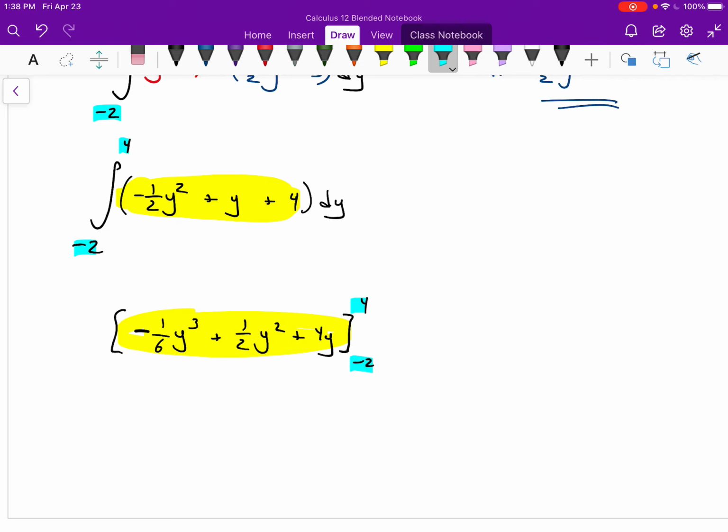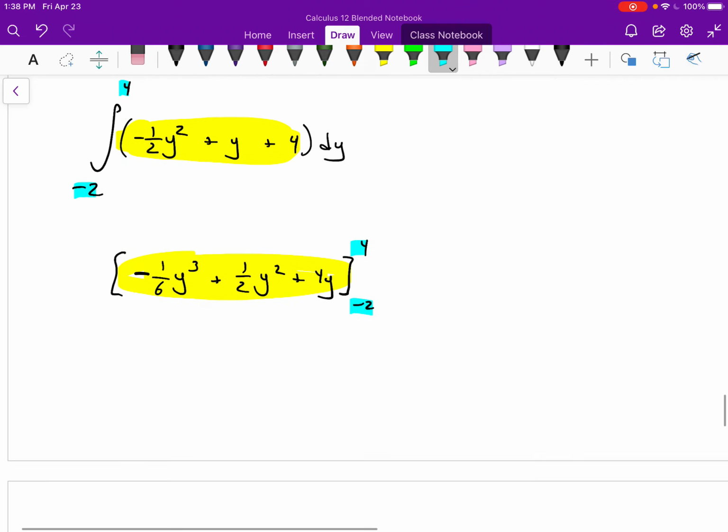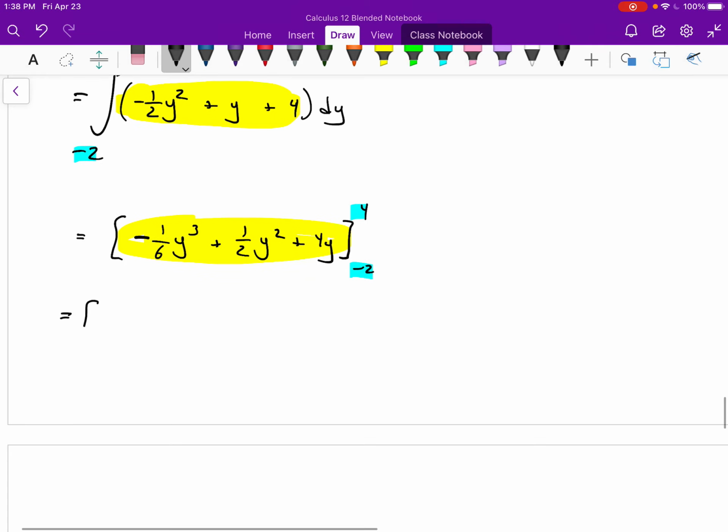And now at this point, the hardest part is definitely done. This is just a matter of substitution now. Substituting in these values. I'll write this step out, but it's probably kind of boring just to watch me write this all out, but 1/6 times 4 to the power of 3, which is 64, and so on.